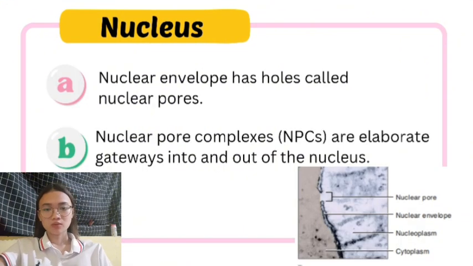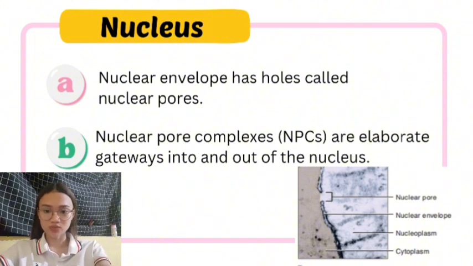Nuclear pore complexes, or NPCs, are elaborate gateways into and out of the nucleus. So, si NPC ay isang gatekeeper. Siya yung nagko-control kung anong molecules ang pwedeng pumasok or lumabas mula sa nucleus.